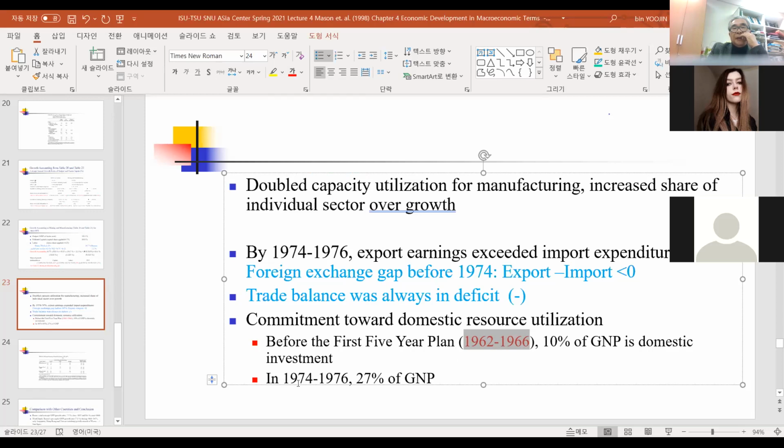So in 1974, 1976, 27% of GNP went into domestic investment. So investment growth accelerated.